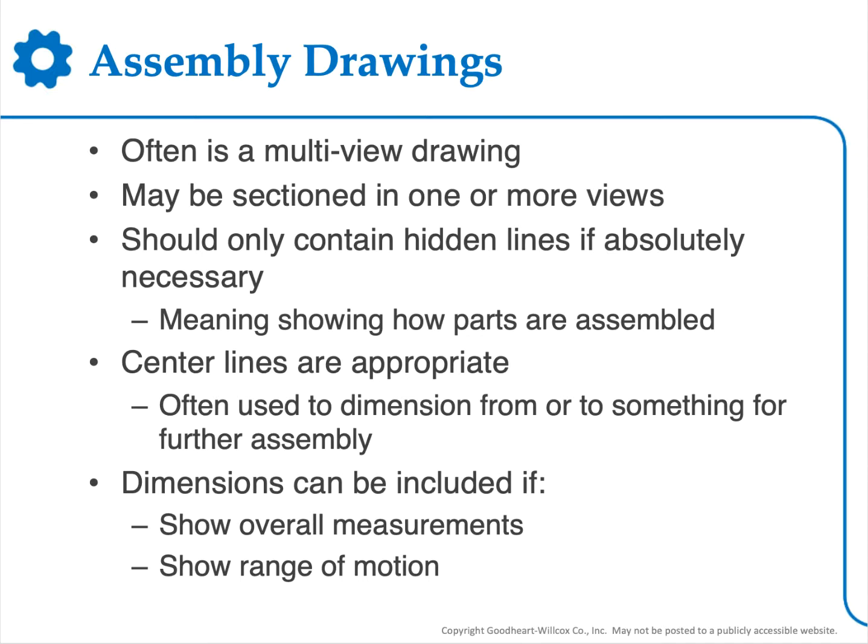And dimensions can be included if there's a range of motion. So if we have handles that are moving, or something that has to swing, we have to make sure that we have enough area where that machine is going. Those are some general guidelines around using dimensions in an assembly drawing.